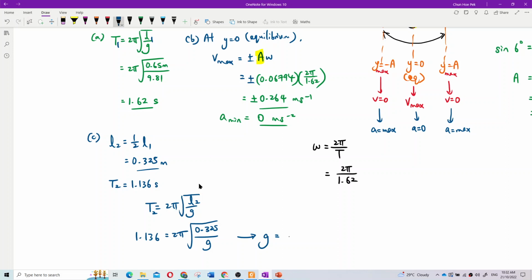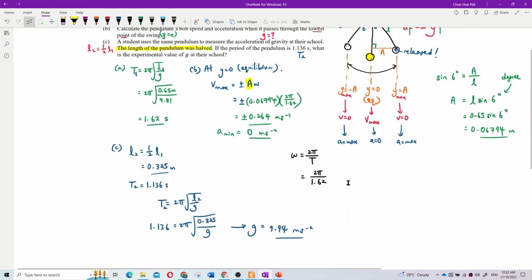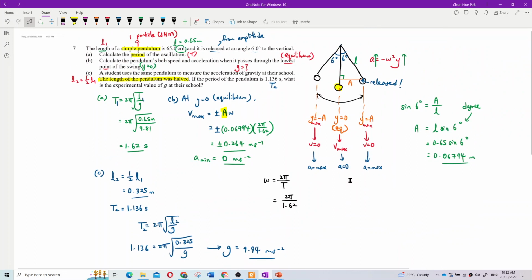I got the same answer. So 9.94 meter per second square, almost near to 9.81. So our answer is correct. Okay, so that's the way to solve these questions. Any question? Okay, can follow? Alright.